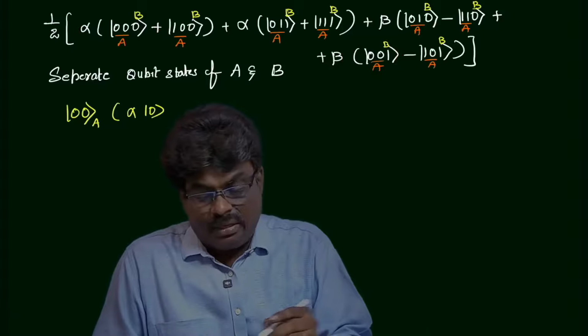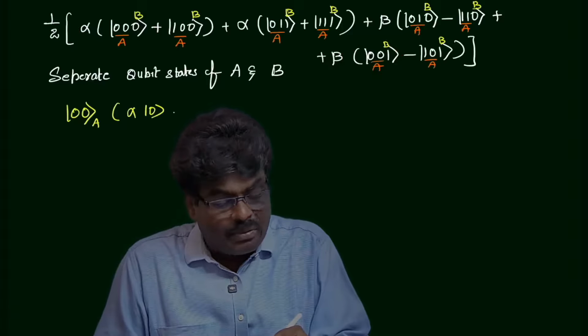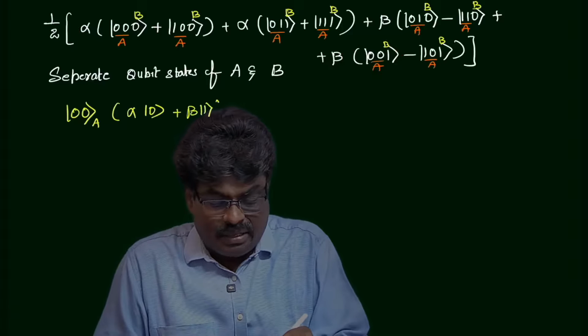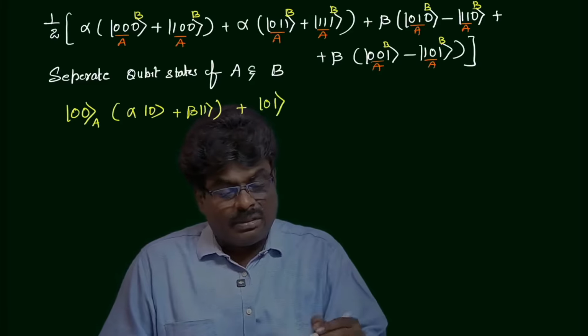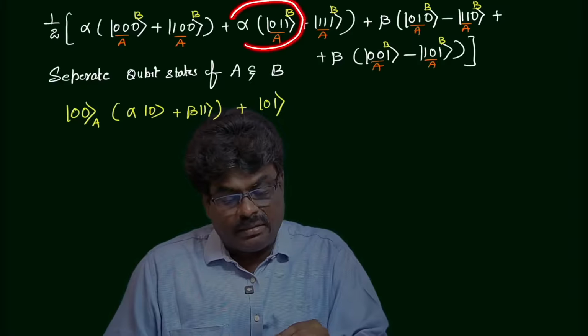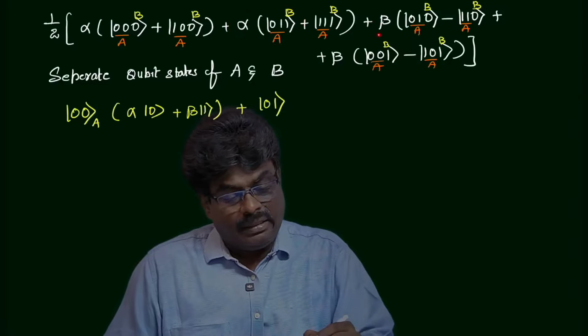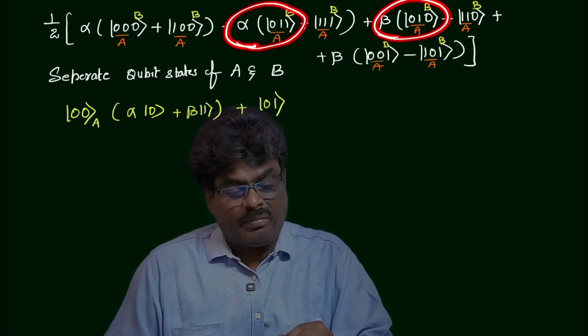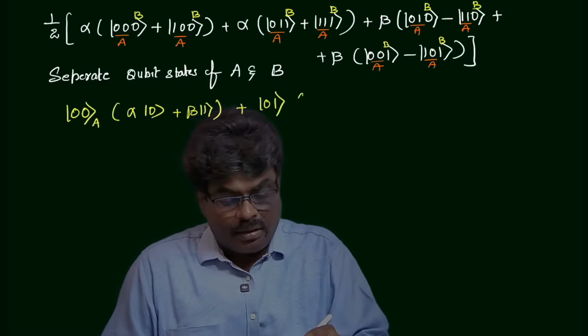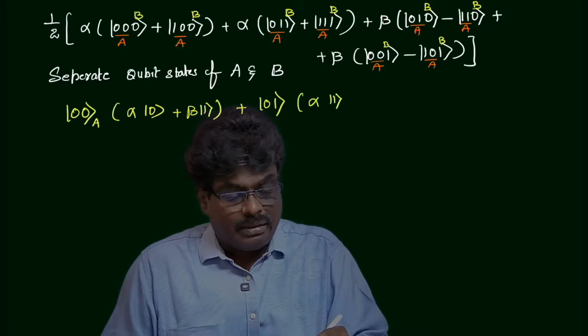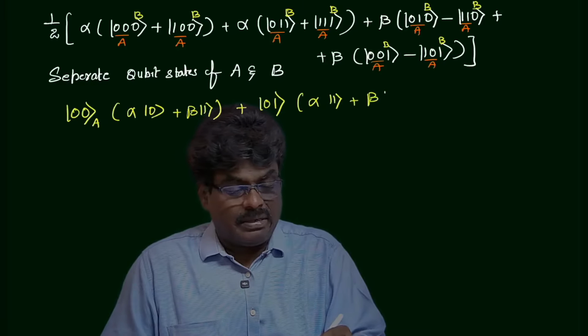Then we will get alpha 0 plus beta 1. Next I am taking this 0 1, where it is here and here, please carefully see those two. Then this is alpha 1 plus beta 0.